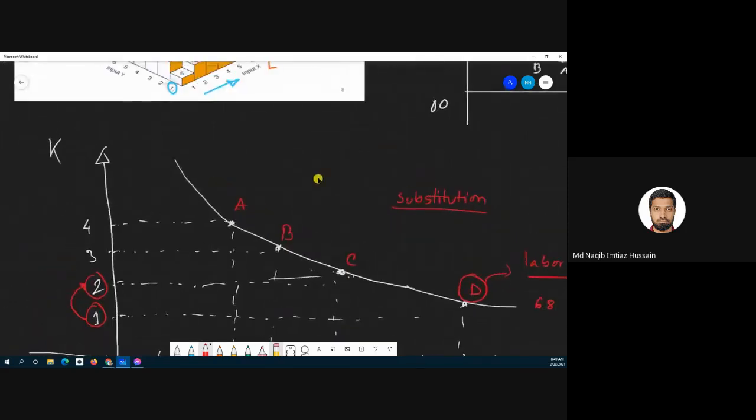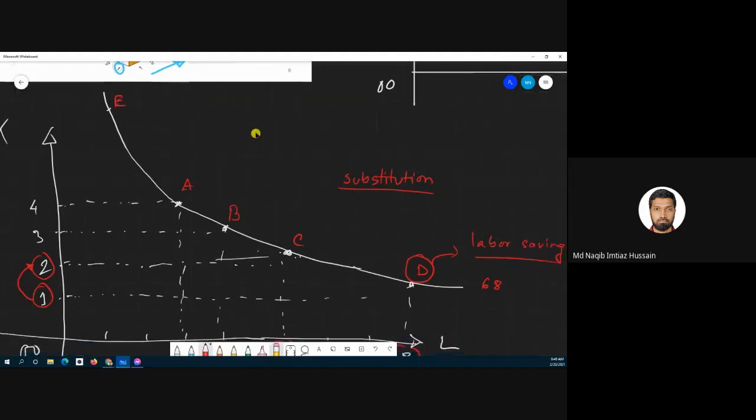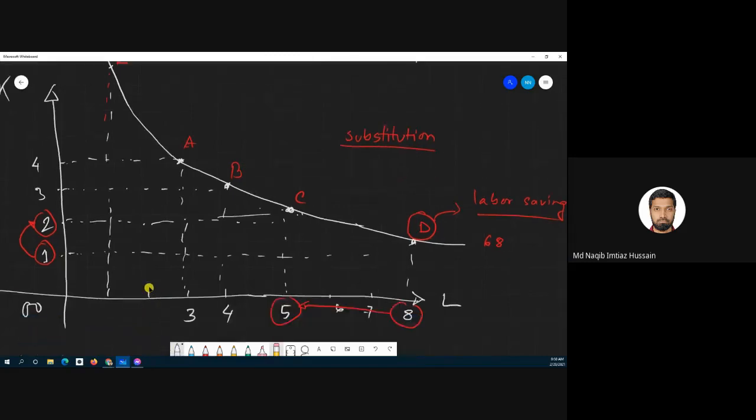And if there is another operational point somewhere up there, let's say A, B, C, D, E, let's say there's another point E, and suppose you have only one person working, and we are just trying to guess all of that.